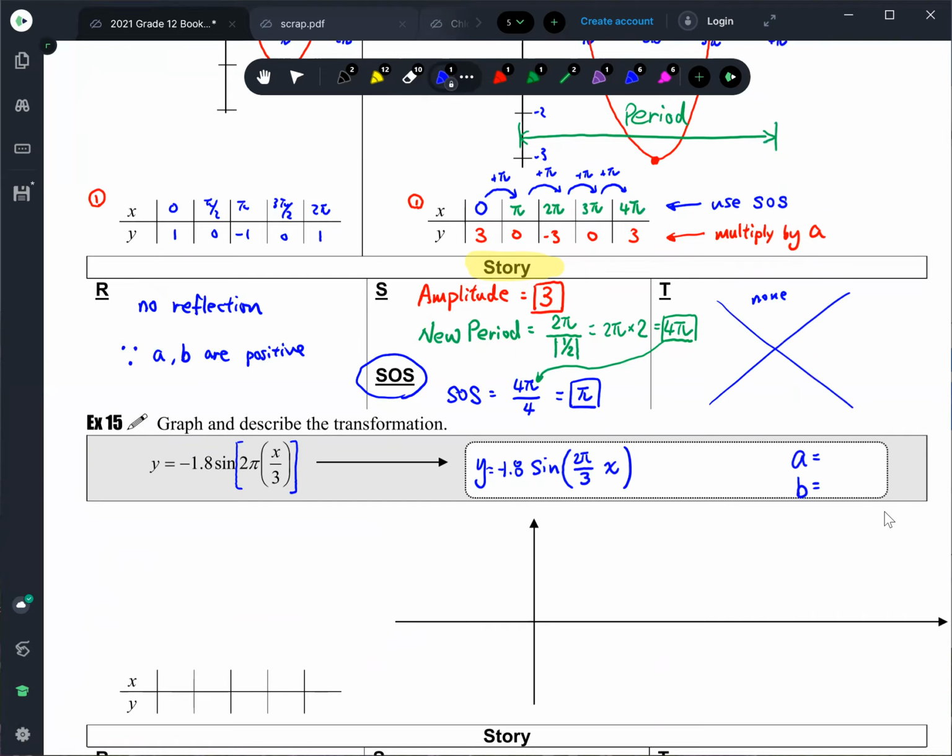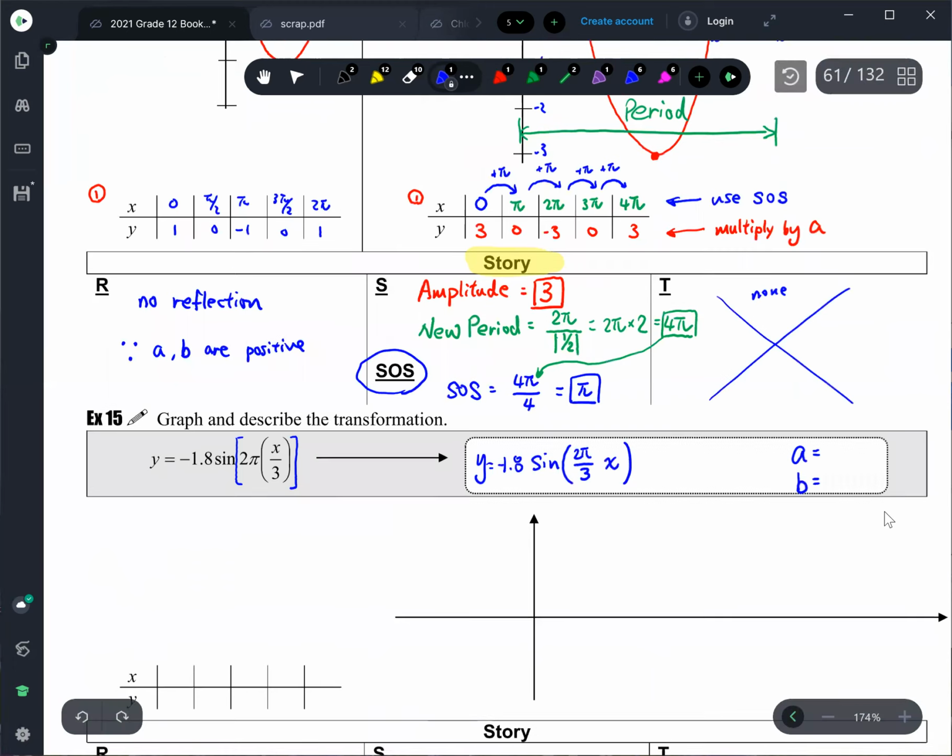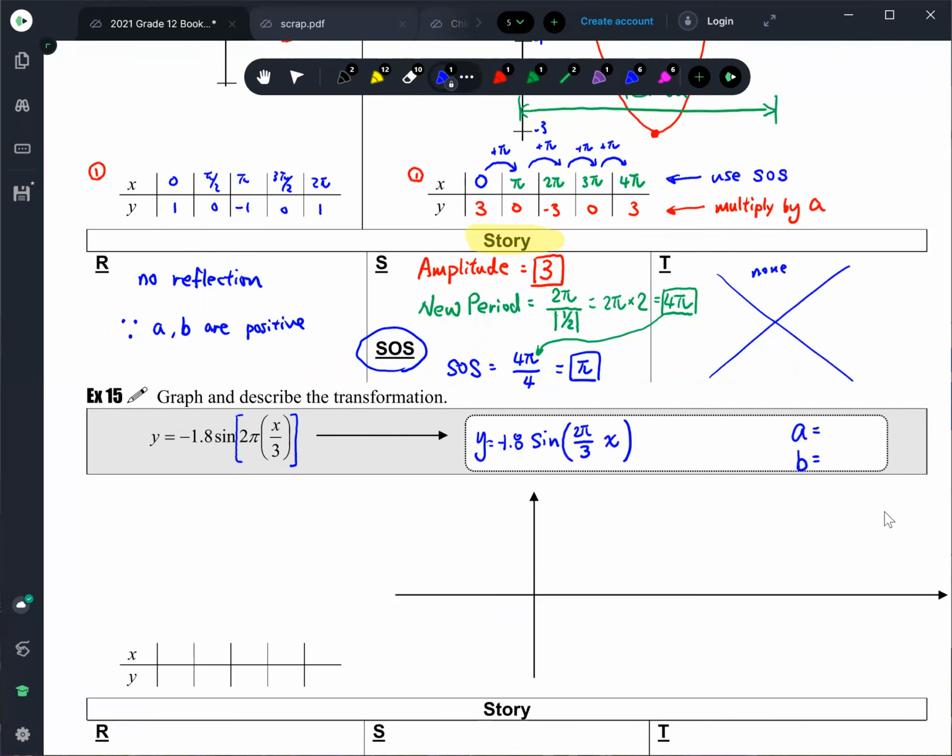Sometimes the question is left like this one, 2 pi and then a bracket x over 3, to confuse you. You might think, how come it looks like that? Where's our B? But if you rewrite it, rearrange the fractions, then it becomes clear what's B.